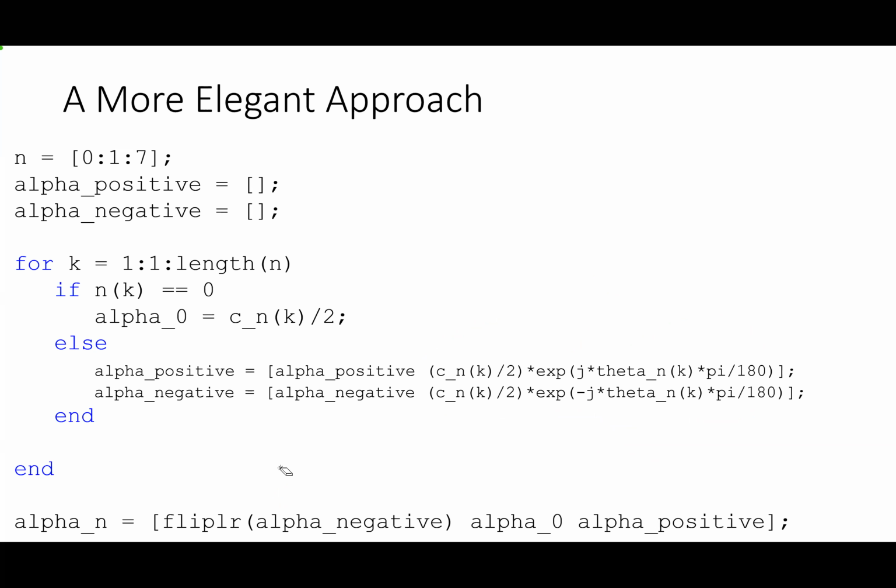If I looked at the series, the DC part is C0 over 2 and A0 over 2, but it's also alpha 0. So this is the relationship between the DC parts. For alpha 0, it's just half of whatever C of 0 is.